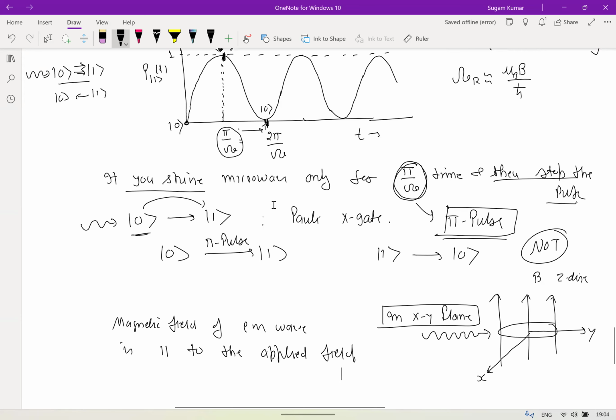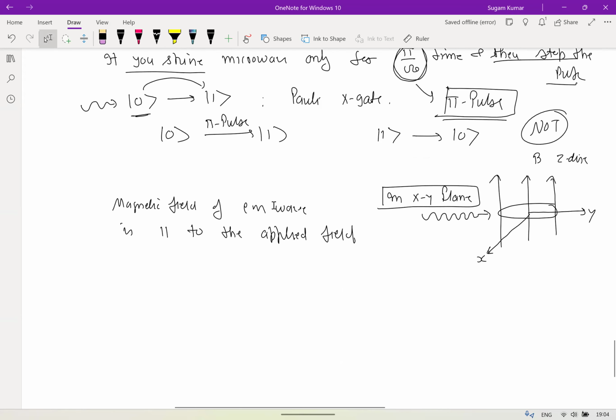And look at here itself. Now, if you rotate or add a phase of pi by 2 in the microwave, so if you add an additional phase, and this is very simple.